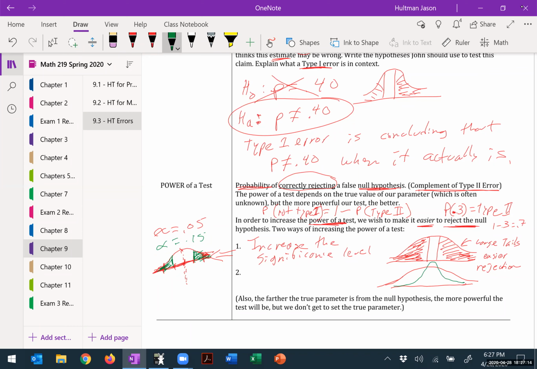Okay, so let's say that in the really wide one, I don't like the way that's drawn. Sorry, let me draw it again. Okay, so again, we have really wide.